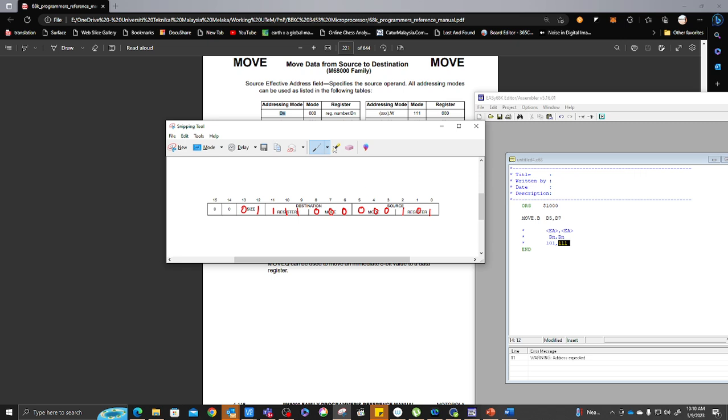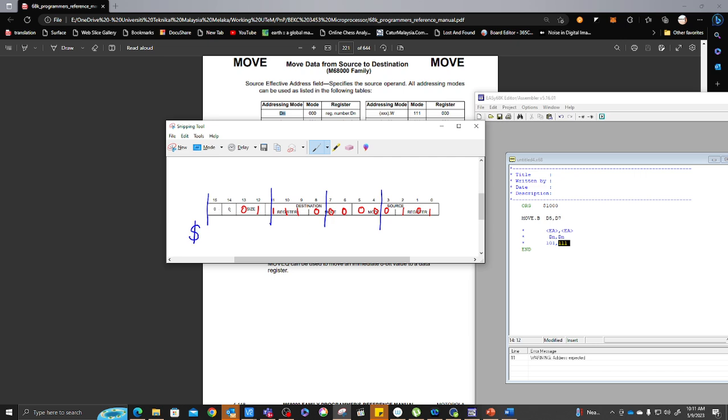So now you need to convert it to hexa numbers. So you have to divide by 4 sections here: 1, 2, 3, 4. 1, 2, 3, 4. And 1, 2, 3, 4. Now you convert binary to hexa numbers, so you have to use the symbol here.